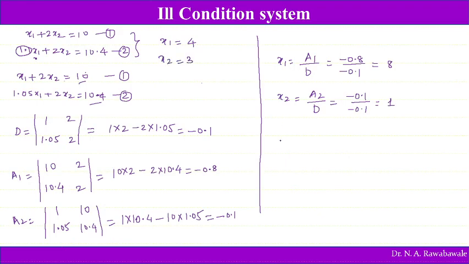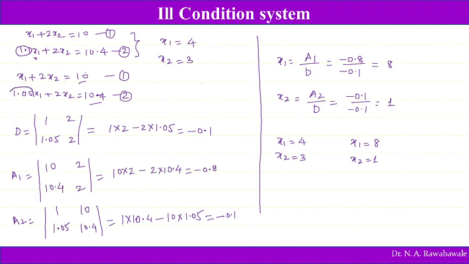So just let us see. In first case, we have x1 is equal to 4 and x2 is equal to 3. Whereas in second case, x1 is equal to 8 and x2 is equal to 1. So this difference you can find here. This difference in these two answers is because of minor change in the coefficient.